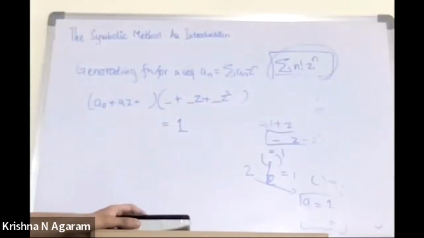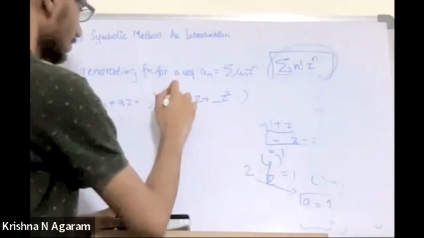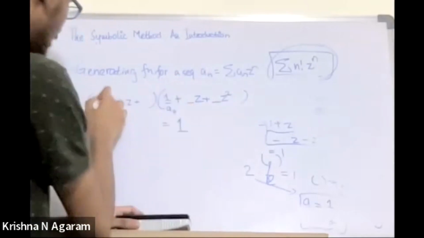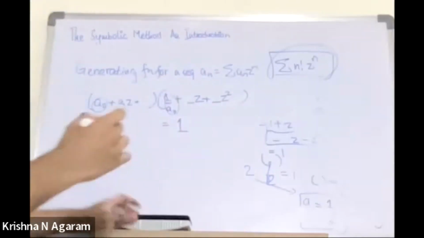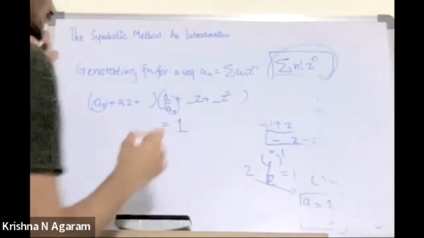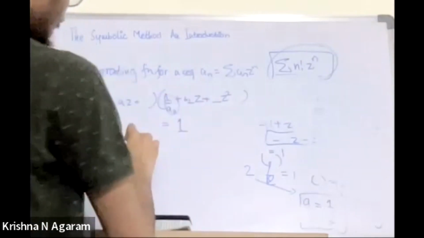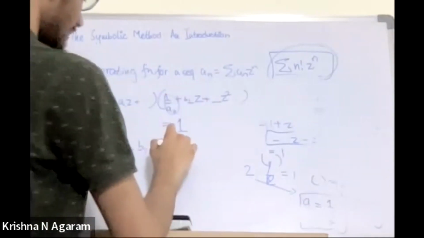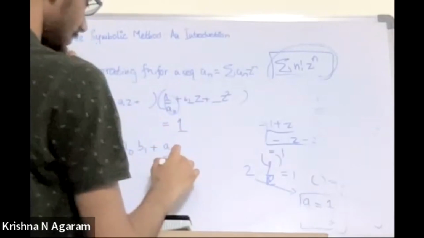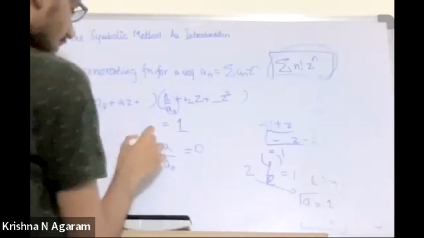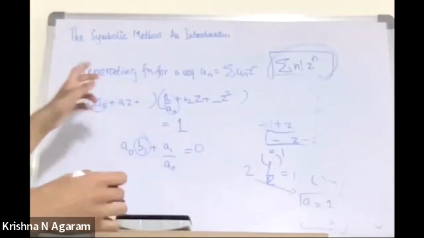You have to get this to 1. Very simple. You choose b0 as 1 by a0 so that the constant term matches. But now you have to get that z term to 0. So if this is b1, then you want a0 b1 plus a1 b0, where b0 is 1 by a0, to be 0. So then you'll get something for b1.